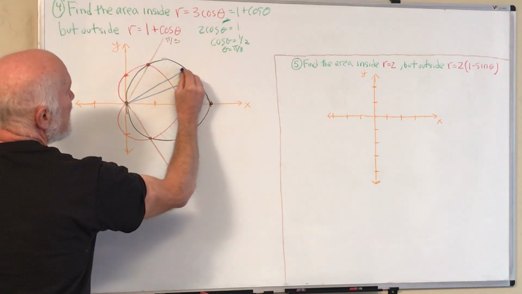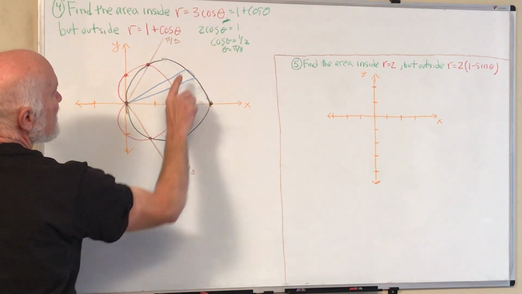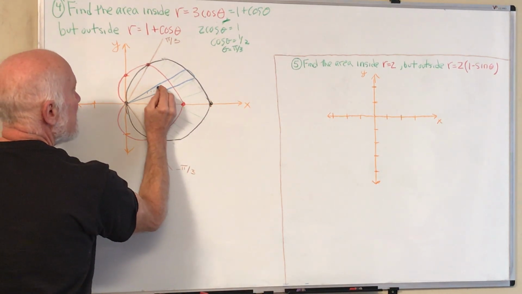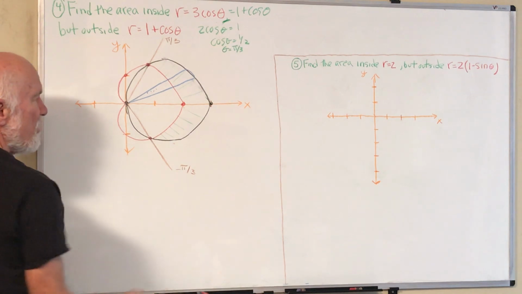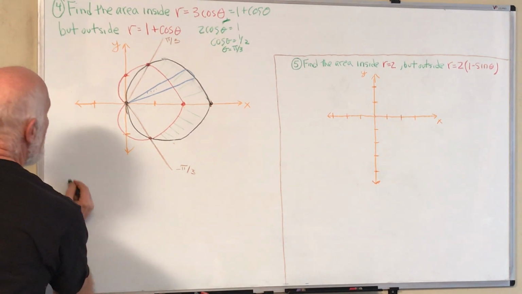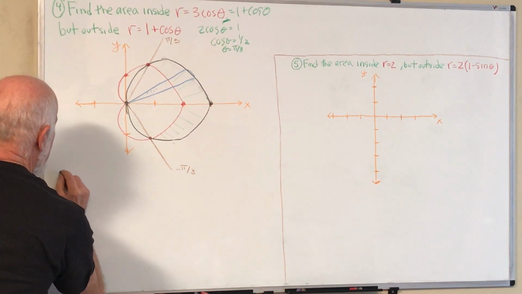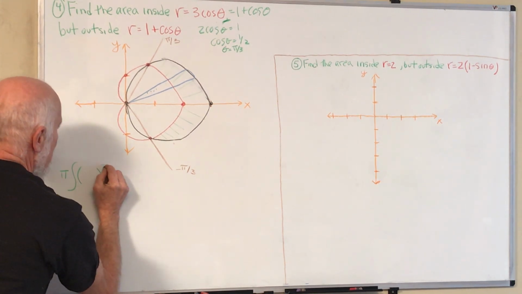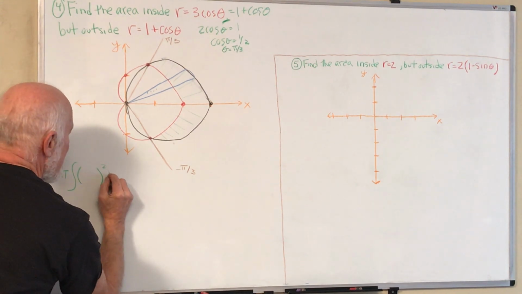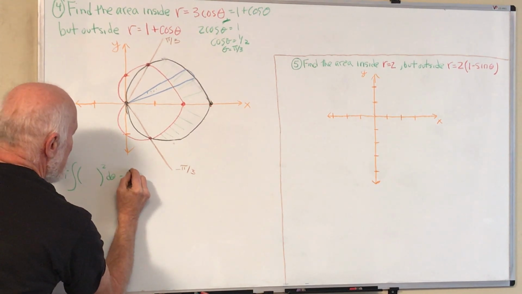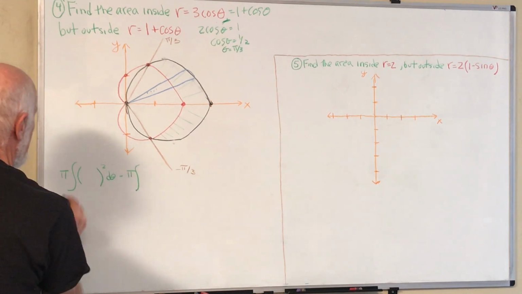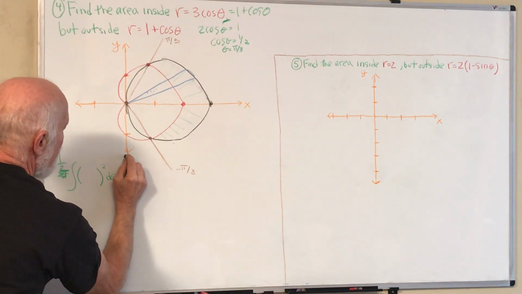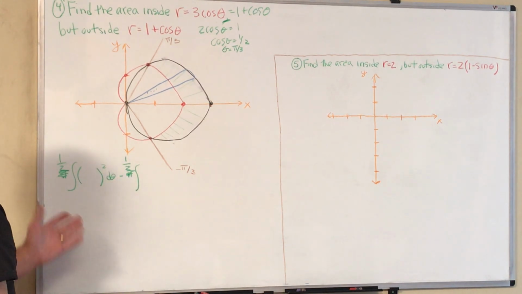It's made up of this big slice in the circle, but then you're subtracting out that little slice here. So what we have to do is go 1/2 r squared d theta.